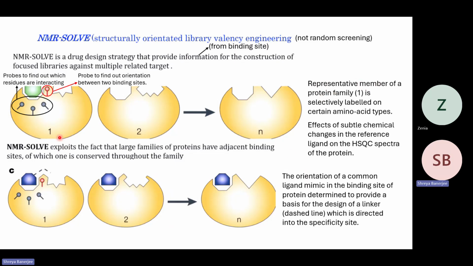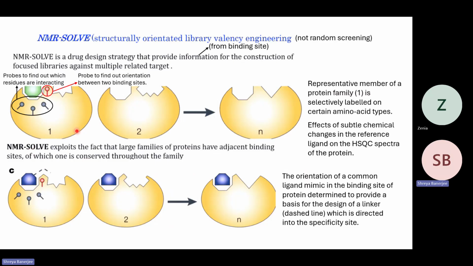Protein family means that they have common binding sites. It exploits the fact that large families of proteins have adjacent binding sites, one of which is conserved throughout the family. So this is a family of say N proteins, where the first site is conserved in all the proteins and the second one is varied.